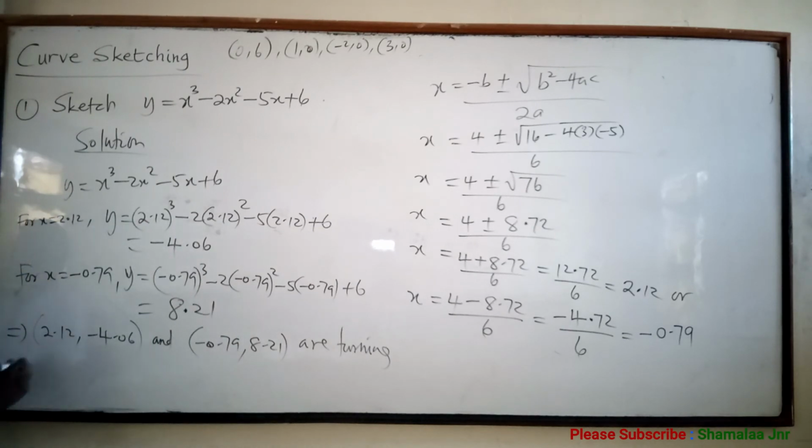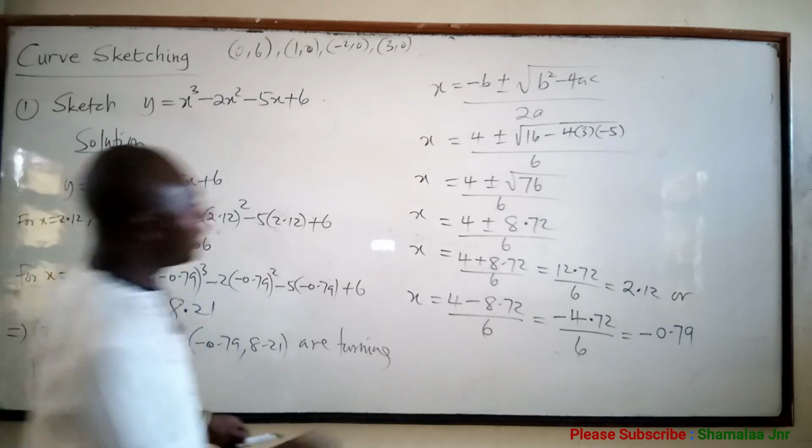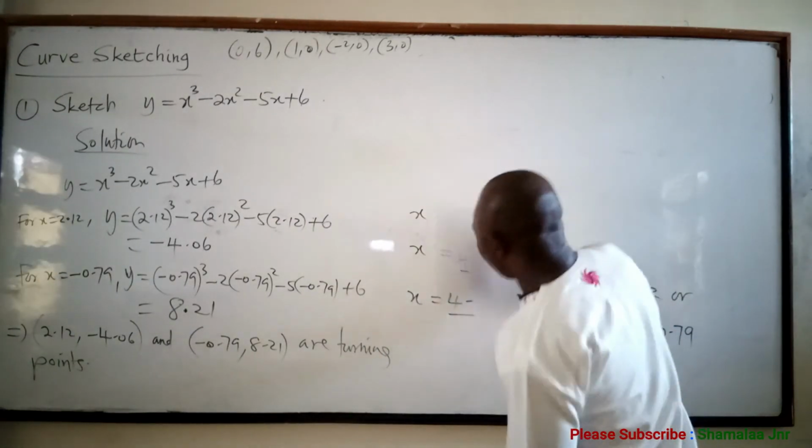They are turning points. But you don't know whether this is a maximum turning point or a minimum turning point, and you don't know whether this is also a maximum or minimum turning point. To check that, this is what we do. You find the second derivative, d squared y over dx squared.